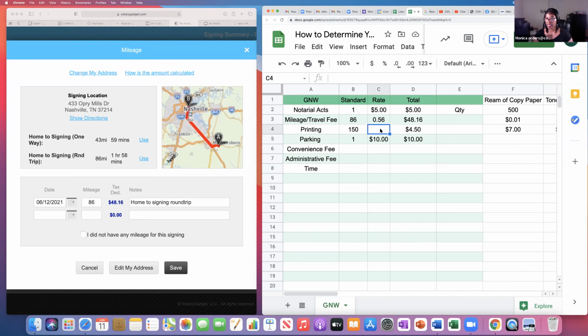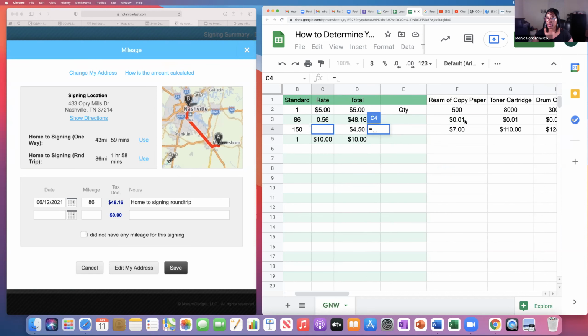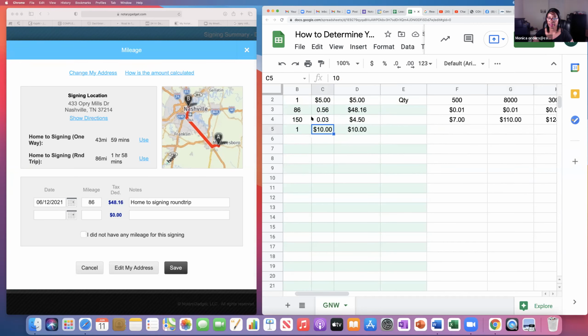The rate we have determined is 1 cent for the piece of paper, plus 1 cent for the toner cartridge, plus less than a penny for the drum. Enter. There's our 3 cents.